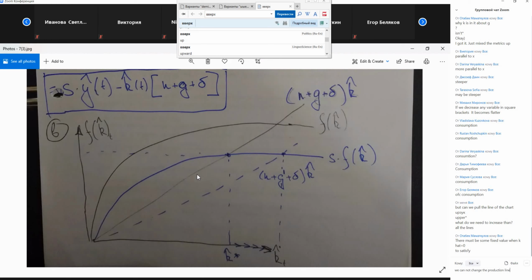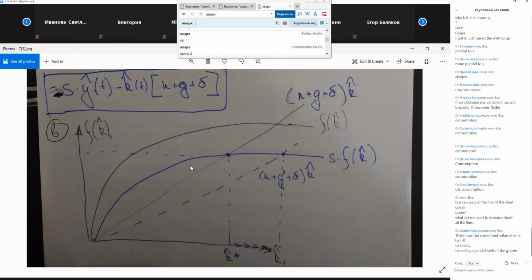However, maybe we don't need it, because what we focus on is capital accumulation, because we believe that no country yet has reached a steady state. So all countries accumulate capital. Some countries are closer to it. That's why they grow slower. So developed countries. Developing countries are far. That's why they can converge faster.